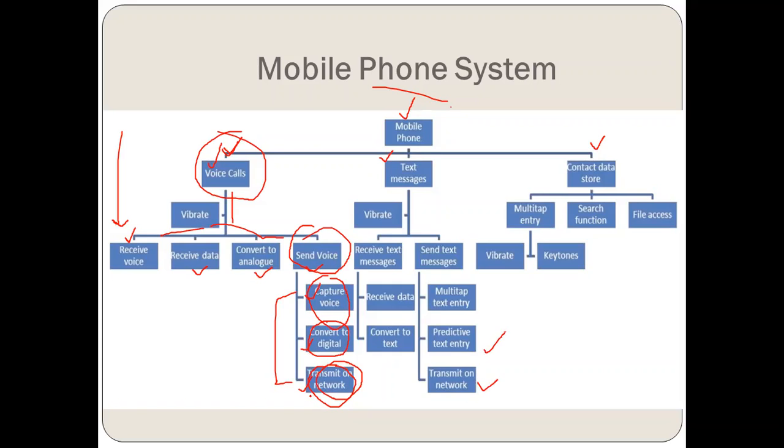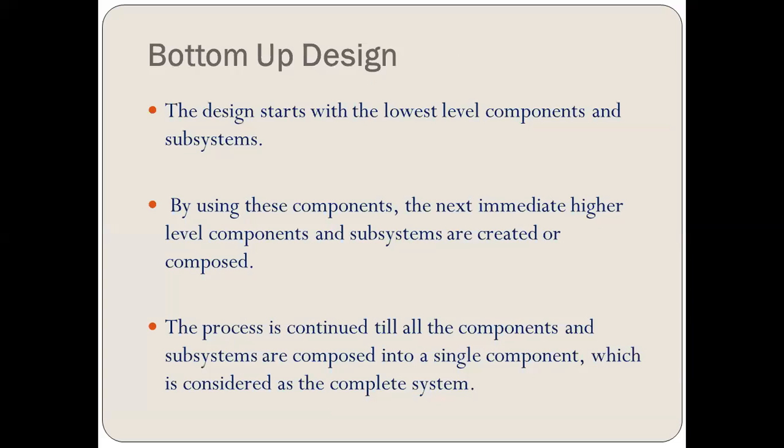When I think of a mobile phone, I cannot easily, systematically think that I need to transmit something on data, I need to convert analog to digital, and so on, right? So this method makes it easier, and it will also help in having fewer errors. So this was the example for the top-down approach.